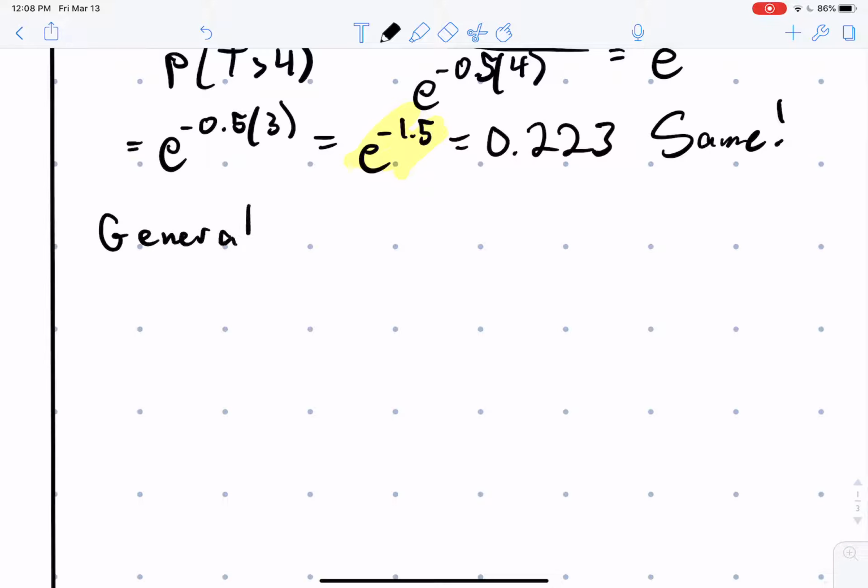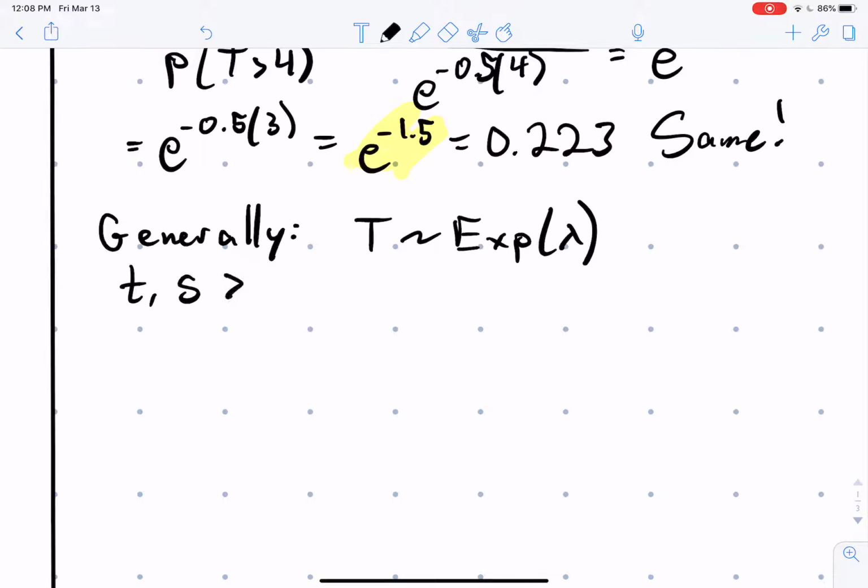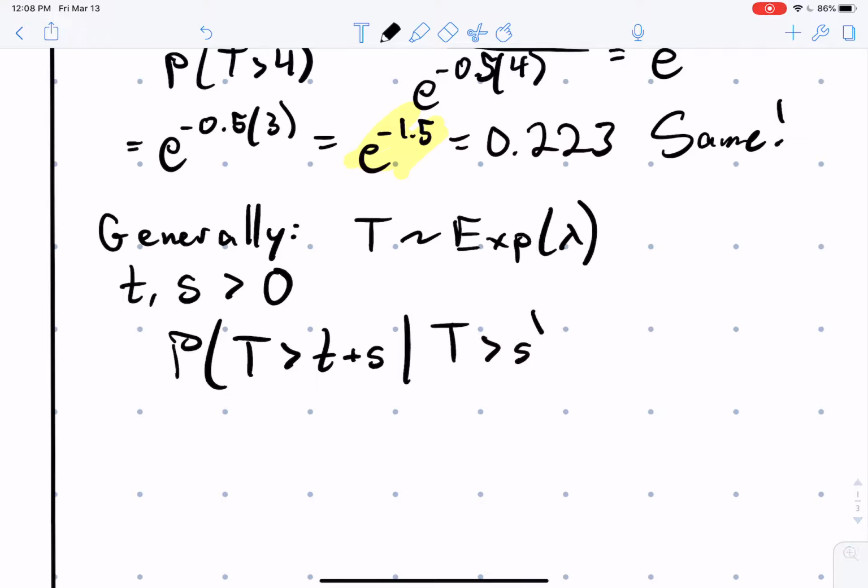Generally, if we take T distributed as exponential lambda, and little t and s positive numbers, then the probability that T is greater than t plus s, given that T is already greater than s, is equal to the probability that T is greater than t.